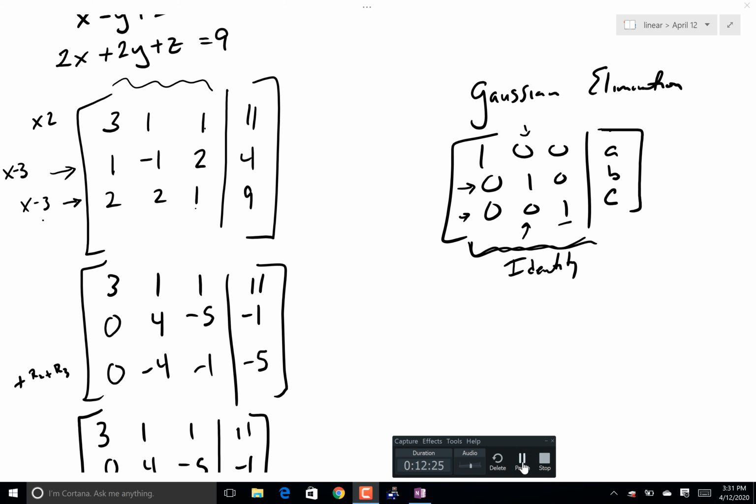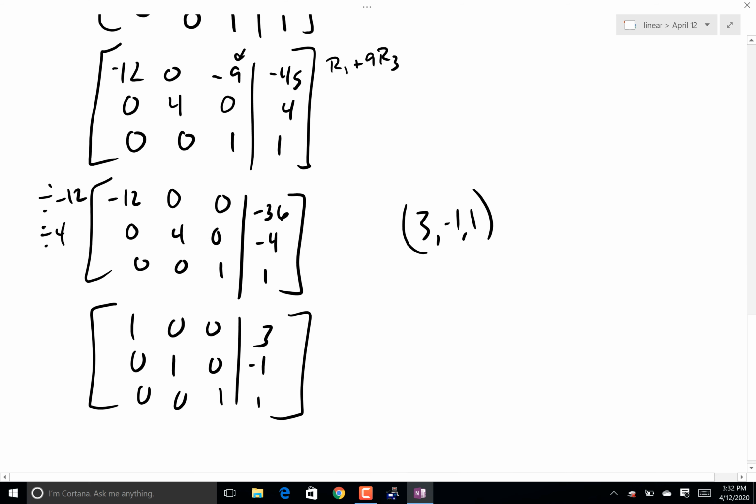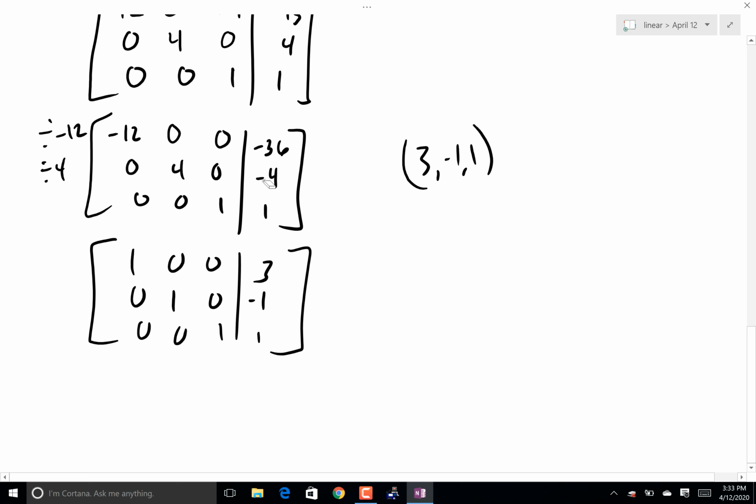Just a minute. Oh, it's right there. So R2 plus 5 times R3, that'd be negative 1 plus 5, which is positive 4, which is what it was supposed to be all along. It was freaking me out.